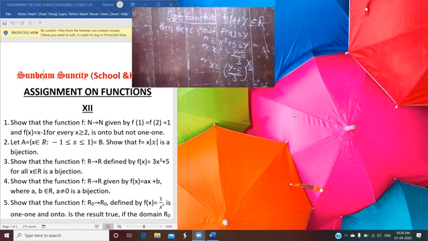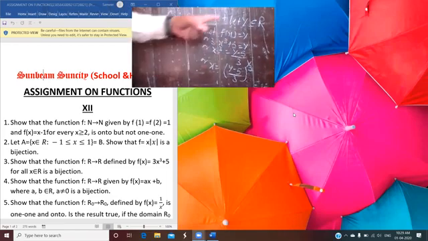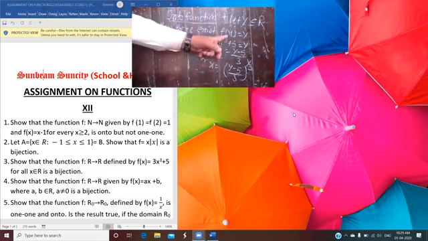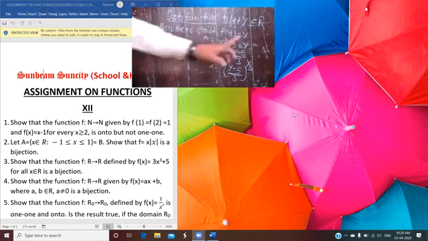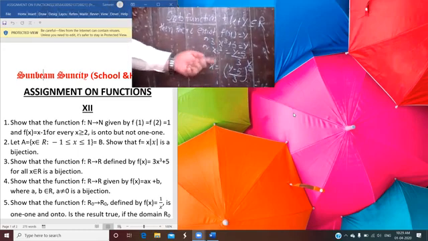And you have to learn the steps. In this way, you can write for proving an onto function if you adopt the first method. So let y belong to R, that means the codomain. Then there exists x such that f(x) is equal to y. Here we put the value of f(x) equal to y and try to find the value of x. So what does it mean?